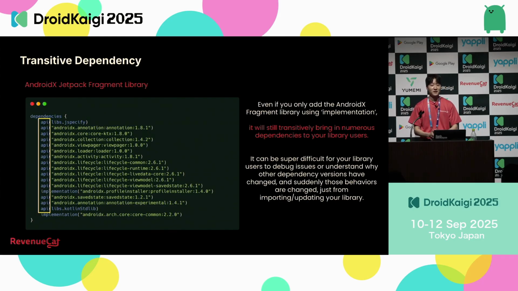So if your library depends on the fragment library, it will unintentionally propagate a bunch of additional dependencies. As a result, developers who import your library might experience unexpected behavior changes across their entire project due to these propagated dependencies.